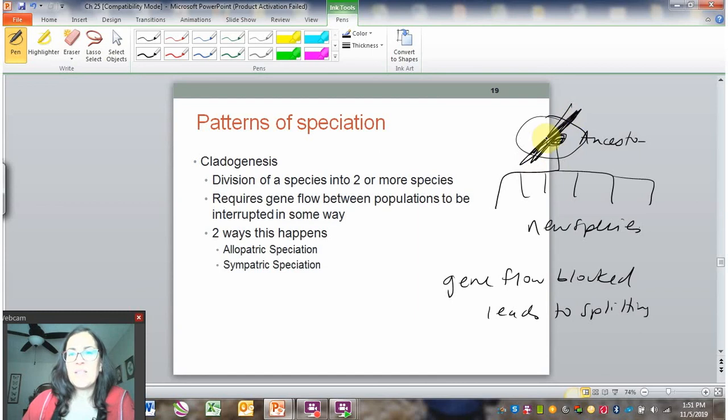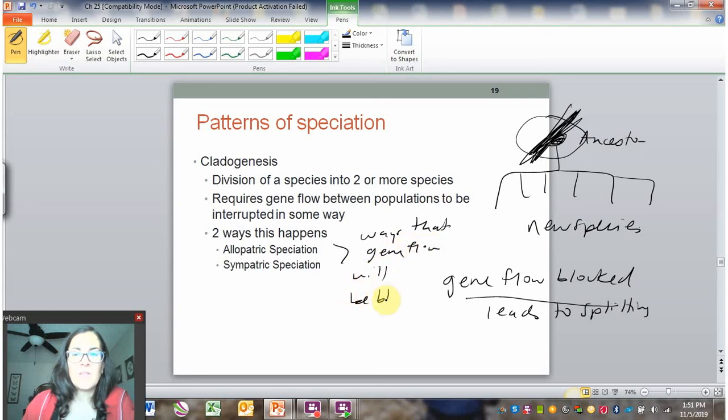Something's going to split this population into different groups, and that's the gene flow blockage. What blocks that gene flow is categorized in 2 different ways, either allopatric speciation or sympatric speciation. Again, these are different ways that the gene flow will be blocked. And that will lead to different species forming from one ancestor species.